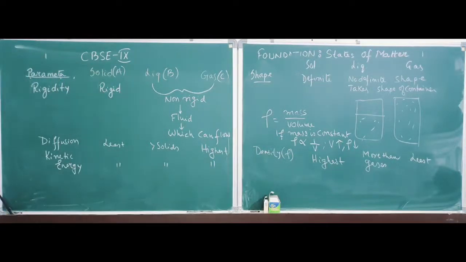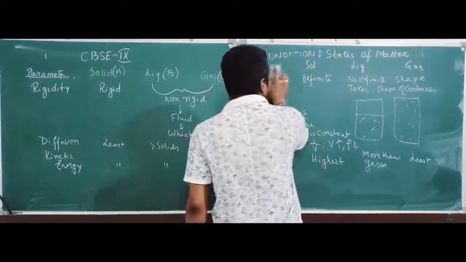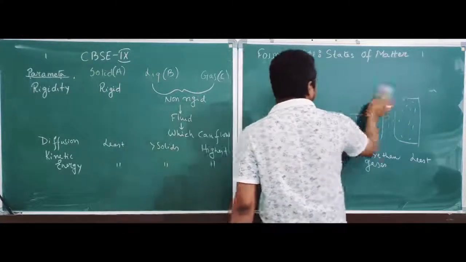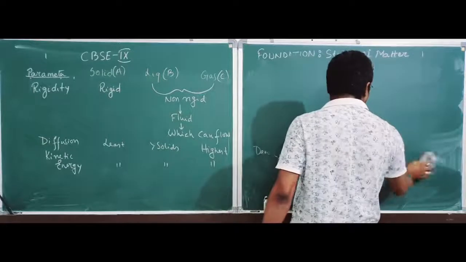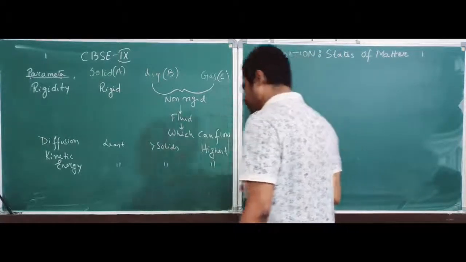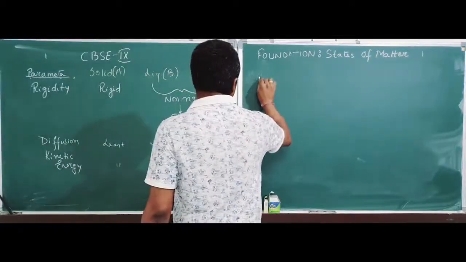Okay, so these are the states of matter that you need to know, the basic states of matter. Other than this, there are another two states of matter which I'll just give you an intro to, nothing much, just for knowledge purpose. Another state of matter is plasma.